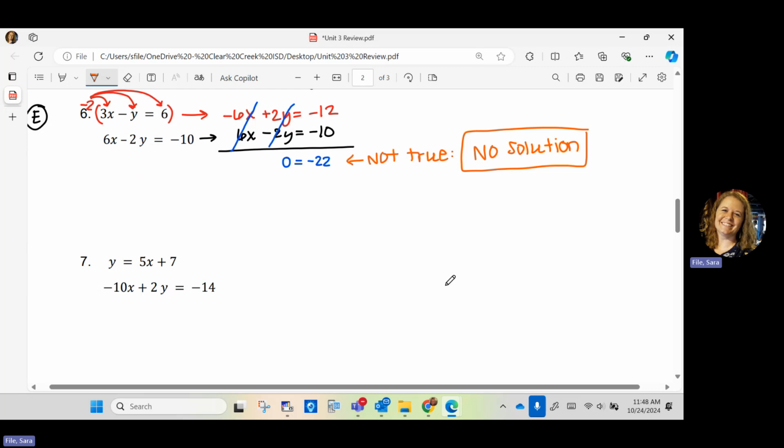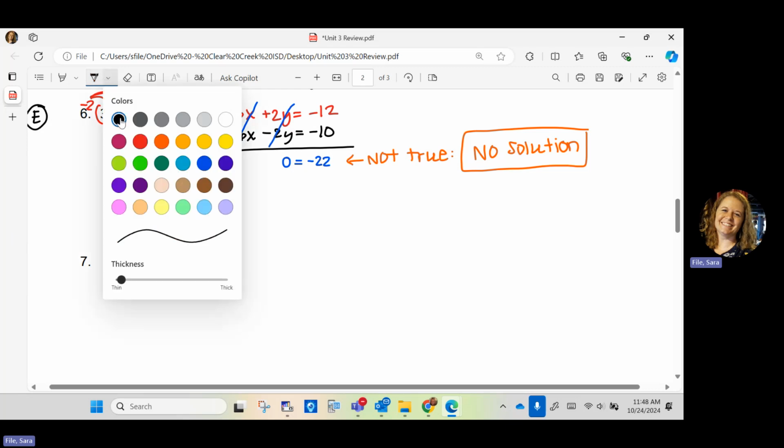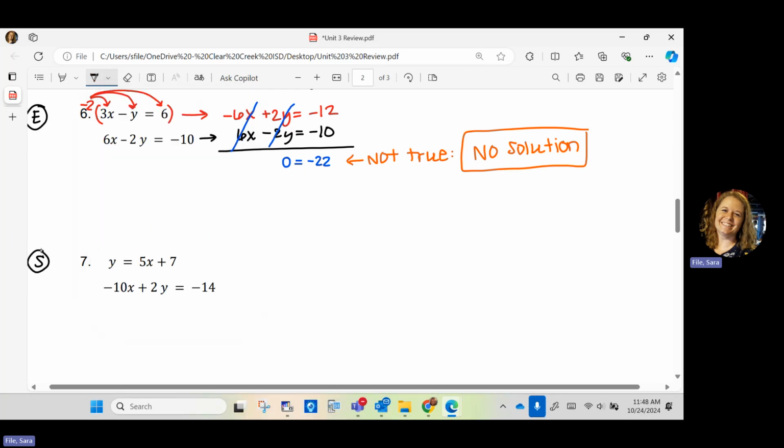Now, number 7, this one is set up for substitution because we've got y equals. So I'm going to substitute that in for y there. So this is going to be negative 10x plus 2.